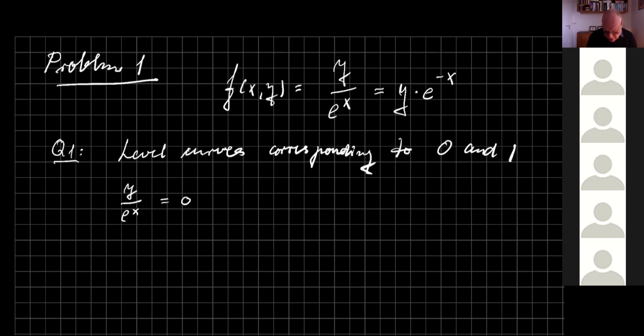Now, the denominator here is always different from 0. You can multiply on both sides with this, and you get that this is equivalent to y equal to 0. You know that x is a real variable. So this is the x-axis.